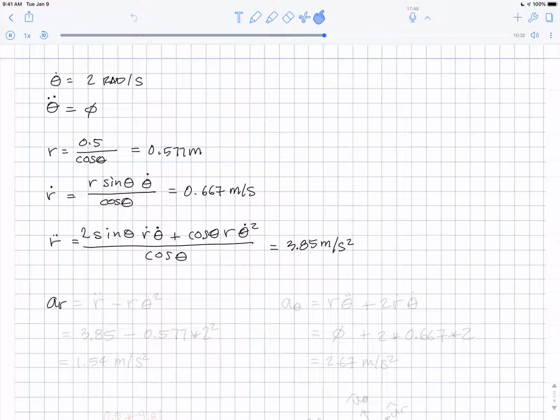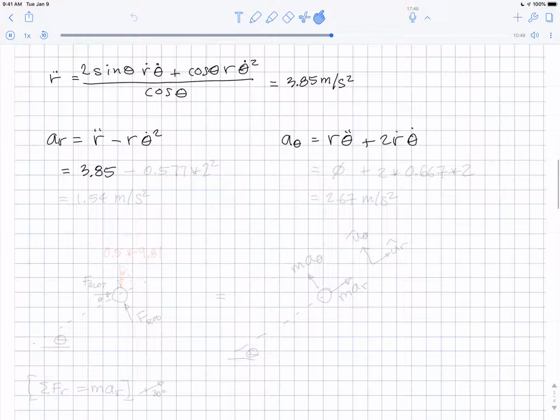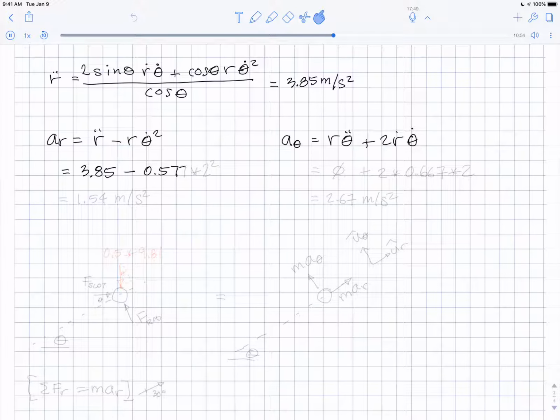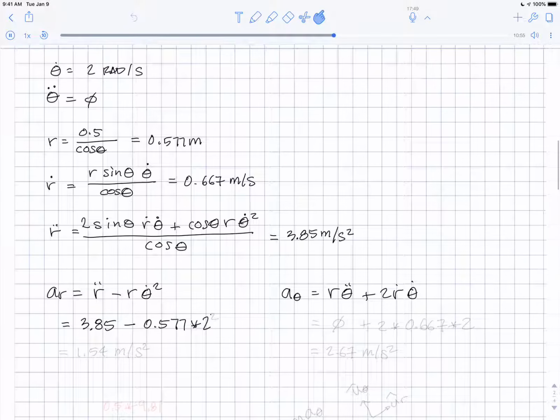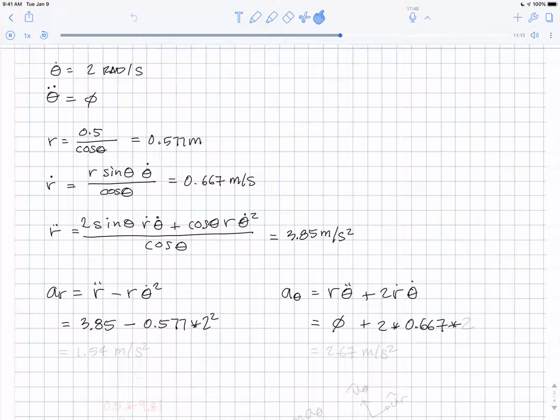The reason we were doing these things is that we needed the radial acceleration and the theta acceleration, which is a_r equals r double dot minus r theta dot squared, and a_theta equals r theta double dot plus 2 r dot theta dot. So you plug in the numbers: 3.85 minus 0.577 times 2 squared, and a_theta equals r times 0 (theta double dot is 0) plus 2 times r dot 0.667 times 2.